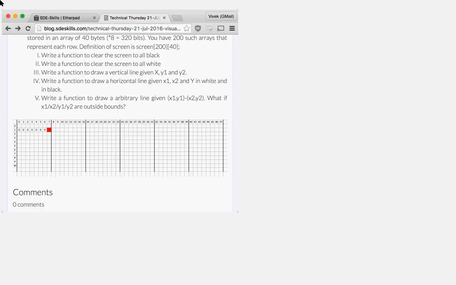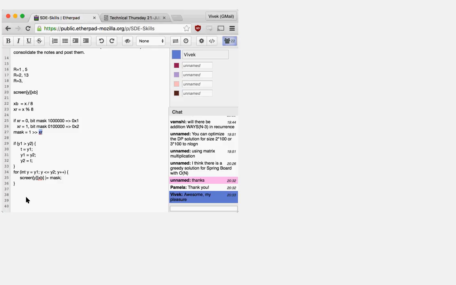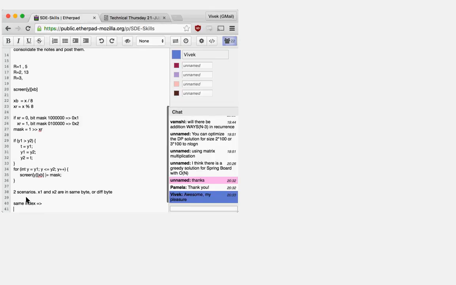Go ahead. So there are two scenarios here. One is x1 and x2 can be in the same index of the bit array, or they can be in two different indexes. Let me take the same index first. If x1 and x2 are 10 and 14, they are in the first index of the bit array, right?